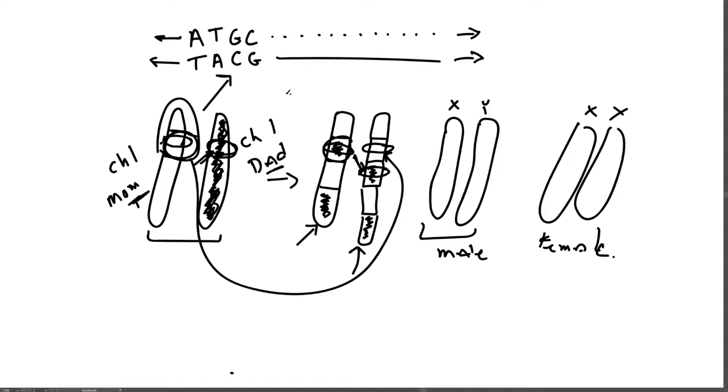We have a copy here and we have a copy here. And in fact, this region from dad might contain multiple genes, and same here. So you could be getting a whole region of multiple genes being copied. So you now have two copies of those genes on this chromosome that gets incorporated into a gamete and then becomes part of the population.